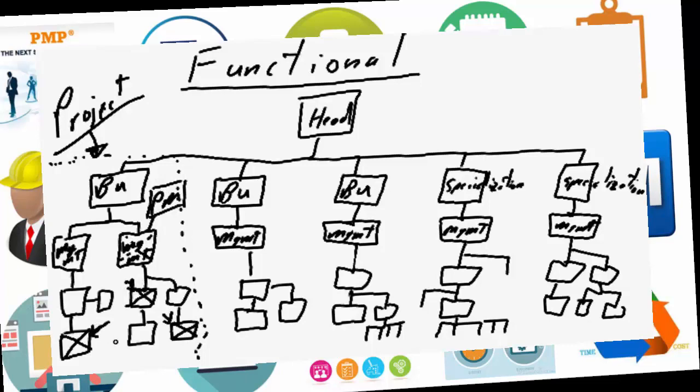Now, depending on how the functional organization is structured, these team members may, in addition to their normal duties as assigned, have additional project-based responsibilities, or they may be relieved of their routine, day-to-day functional responsibilities and become focused on the project environment. The key to project delivery in a functional environment is that the project is traditionally delivered within the business function. So this business unit manager retains ownership, retains responsibility for the project, and identifies the entire project team within his or her specific business unit.